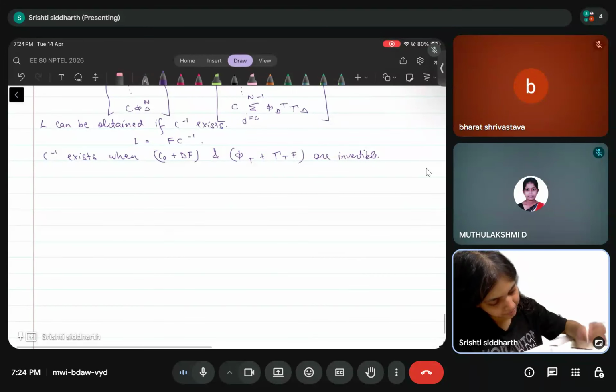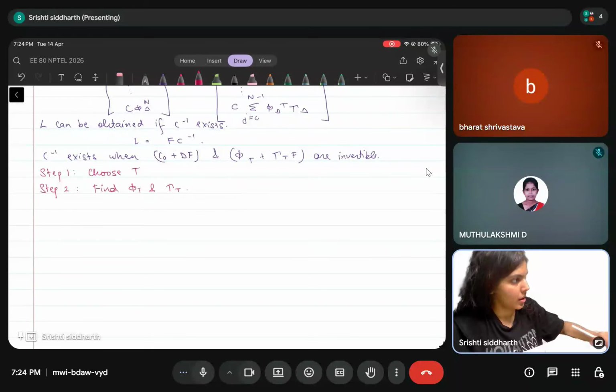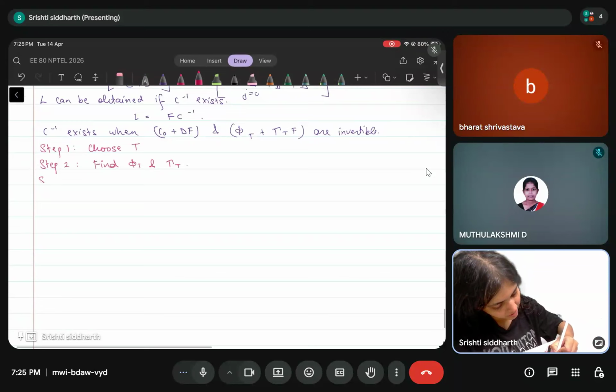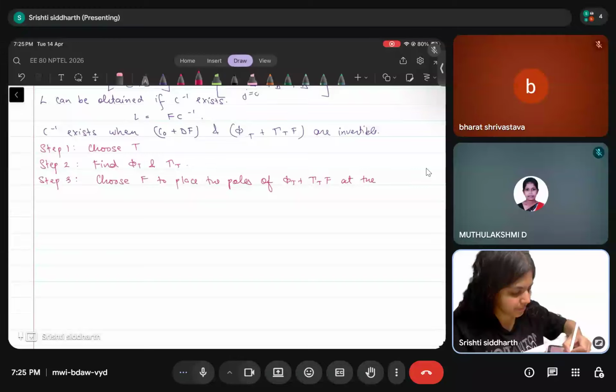So let's write down the steps. Step 1, choose T. And step 2, find phi T and gamma T. Step 3, choose F. Replace the poles of phi T plus gamma T F at the desired locations.